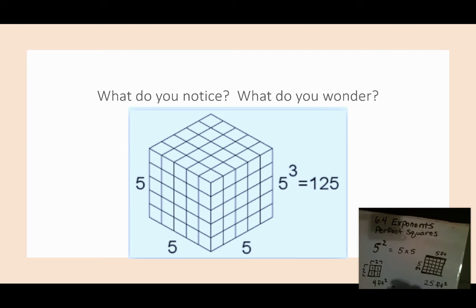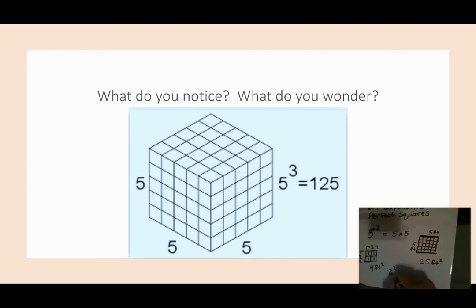So 2 squared equals 4, or 2 times 2 equals 4. Let's see what that would look like if it were 3 by 3. What do you think? How many squares would be in a 3 by 3 square? If 5 by 5 had 25, 2 by 2 has 4.